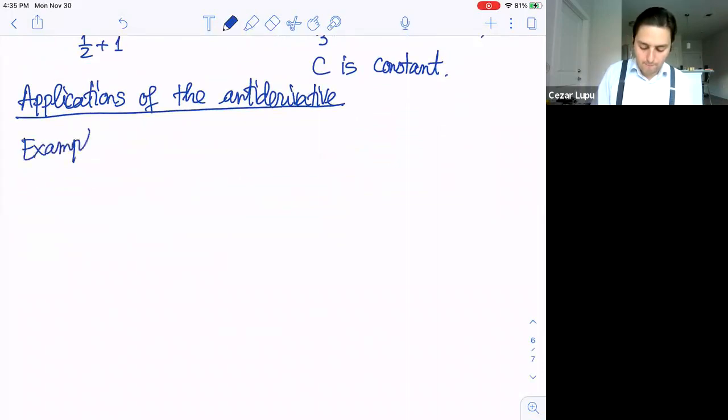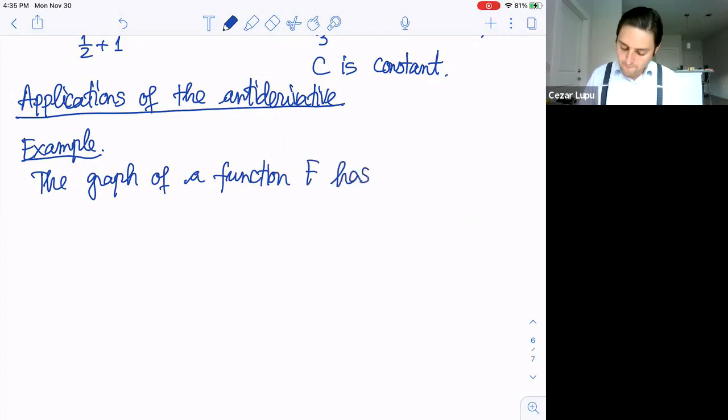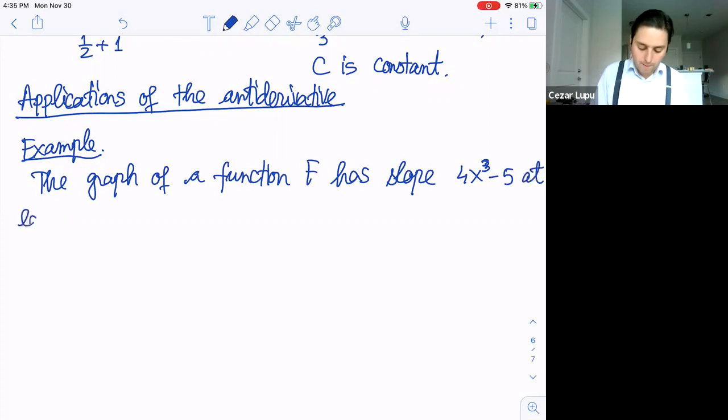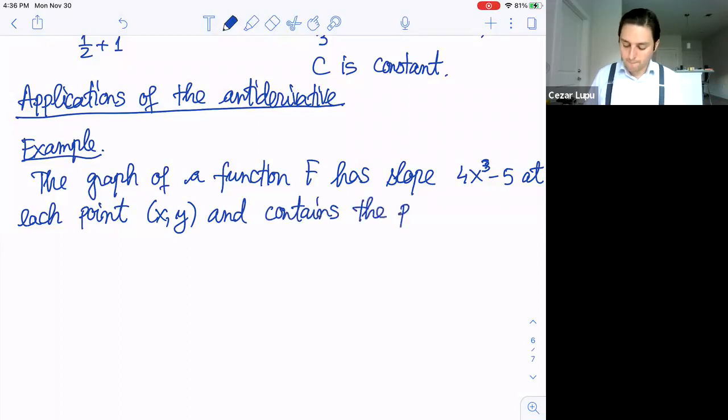Let's say that the graph of a function, capital F, has slope 4x cubed minus 5 at each point x comma y, and contains the point 1 comma 2.